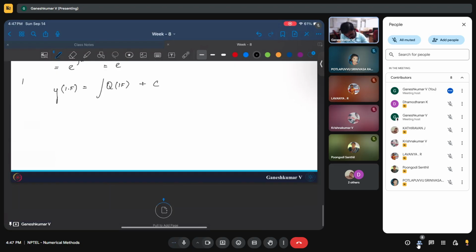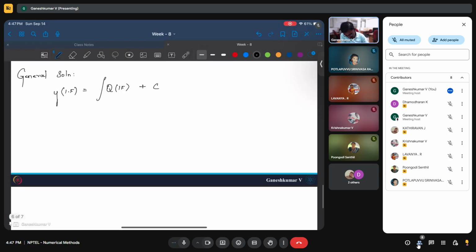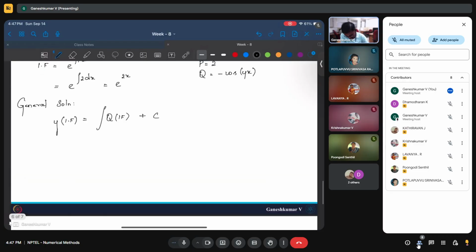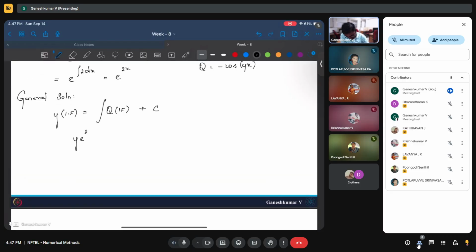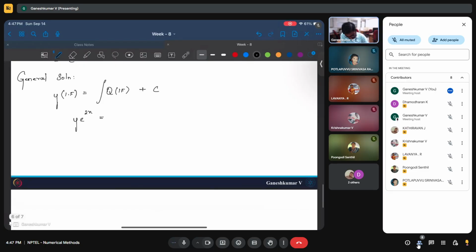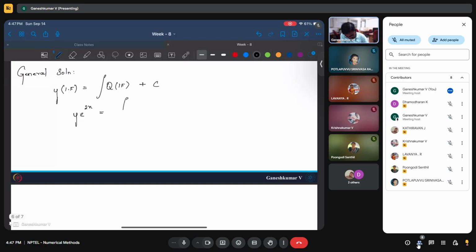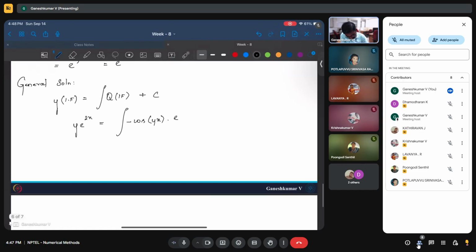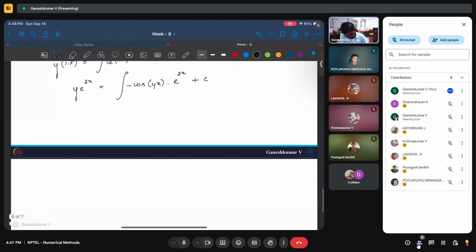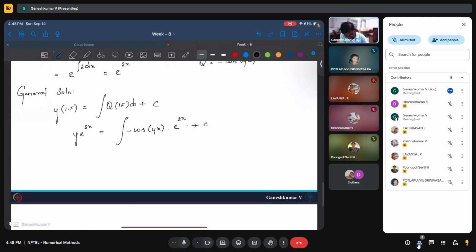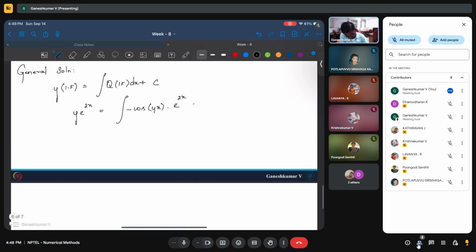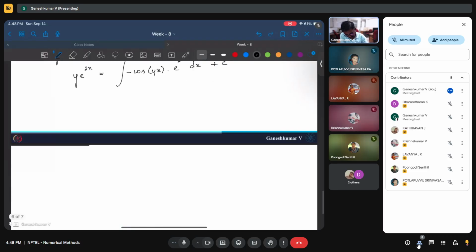Now if you substitute, c we will evaluate based on the initial condition. y e power 2x is equal to integral of minus cos 4x into e power 2x, dx, I forgot to put dx here, plus c.